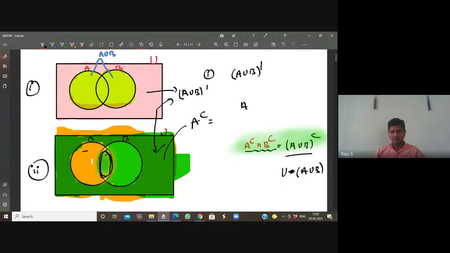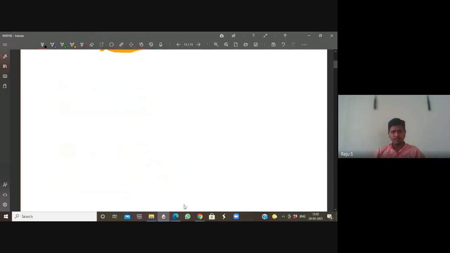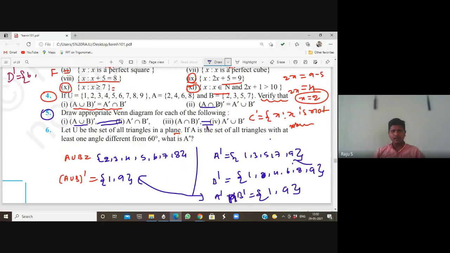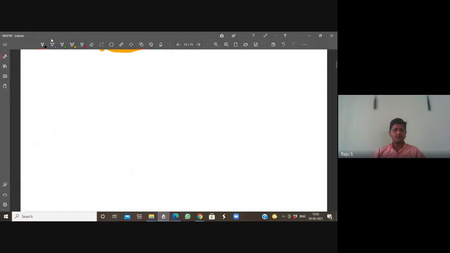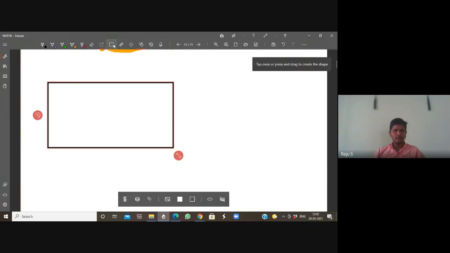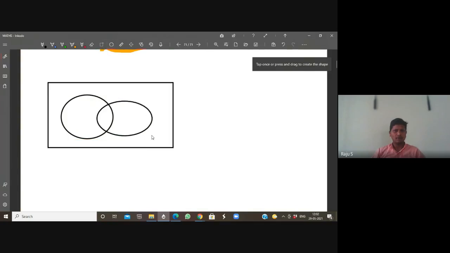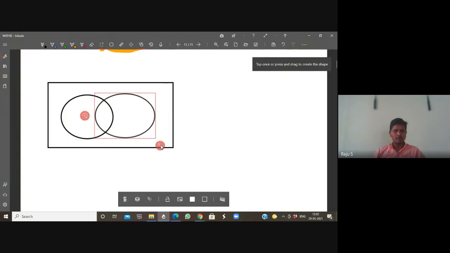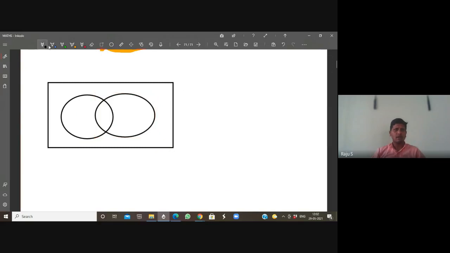Fine, students. In the same way, can you draw the remaining two? Like (A intersection B) whole complement is equal to A complement union B complement. A intersection B whole complement means, all of you shade that region. Right, students.